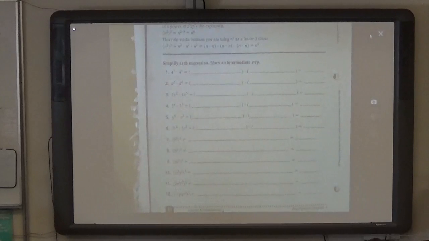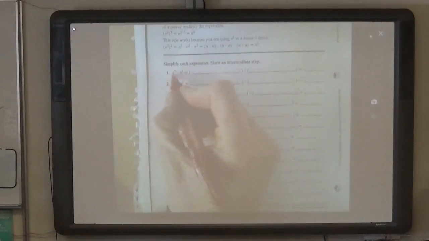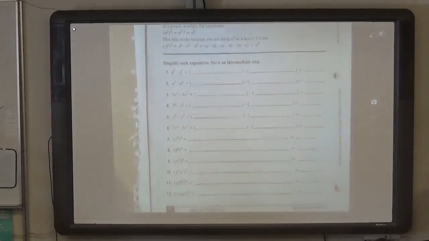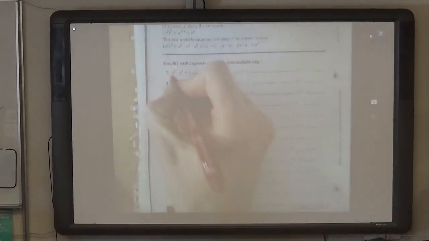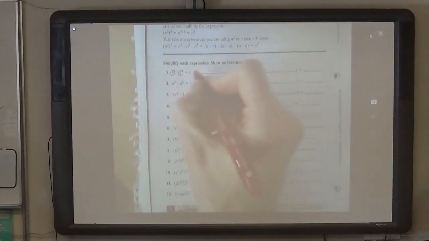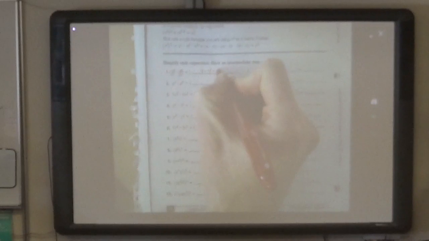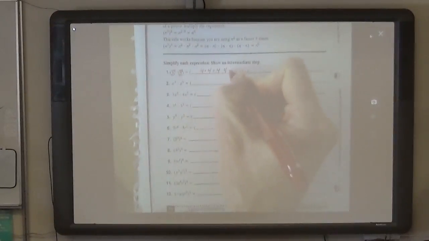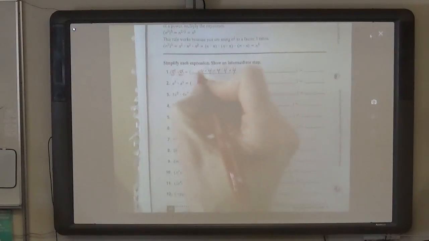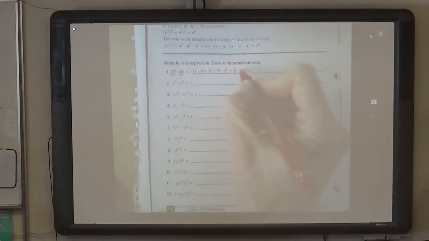Alright, so we're combining these using those rules. When you have two numbers with the same base, in this case they're actual numbers. 4 to the 7th times 4 to the 2nd power. They both have the same base, so we add the exponents. This is 4 times 4 times 4 times 4 times 4 times 4 times 4.